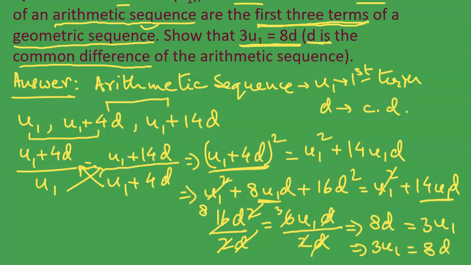Just flipping the sides because they have the 3u1 first. So it was 8d equal to 3u1. This is the equation that we have got, and I have just flipped the sides and I have written 3u1 first, which is equal to 8d. So this has been shown. Okay.